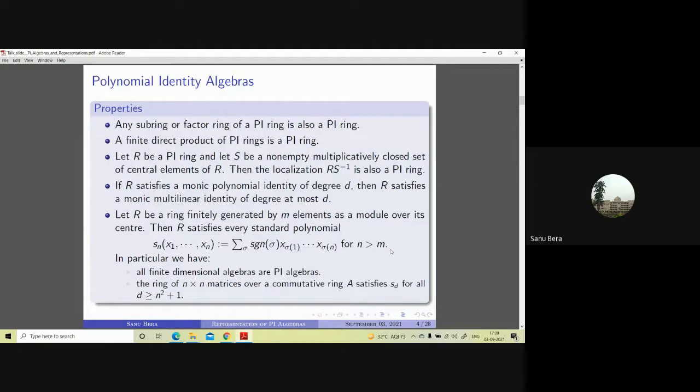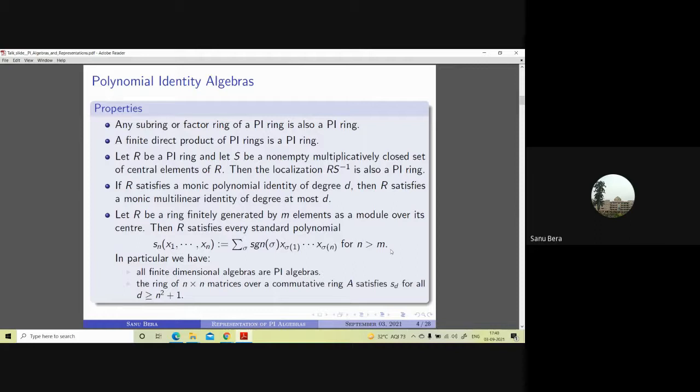Any subring or factor ring of a polynomial identity ring or algebra is always a polynomial identity ring, and its minimal degree is of course less than or equal to the minimal degree of the whole ring. Any finite direct product of polynomial identity rings is also a polynomial identity ring.